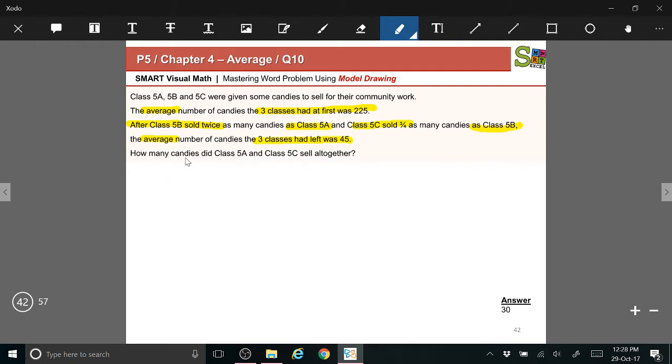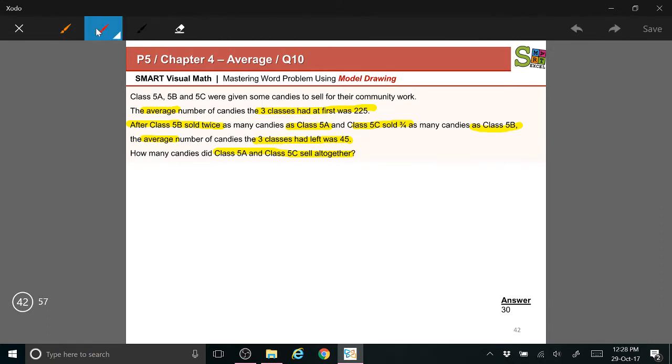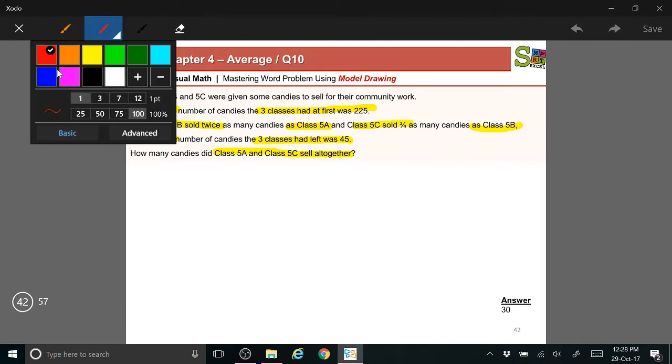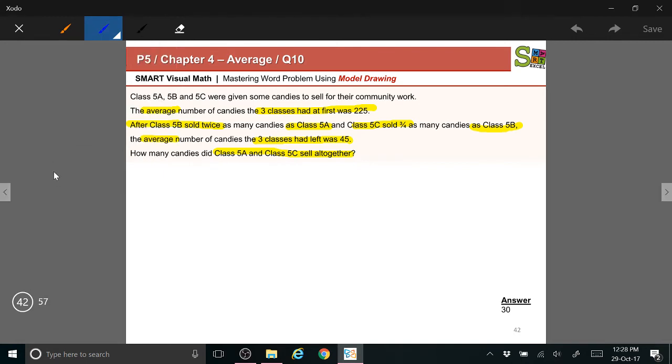They asked how many candies 5A and 5C sold altogether. So we're going to read this a second time, jot down the information, and draw the model and get the information right.